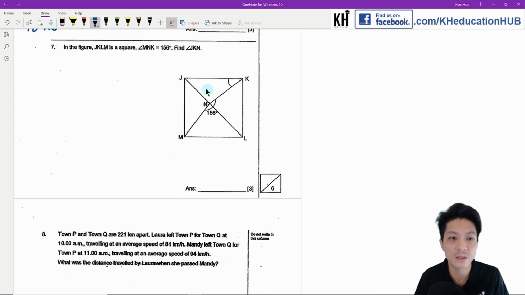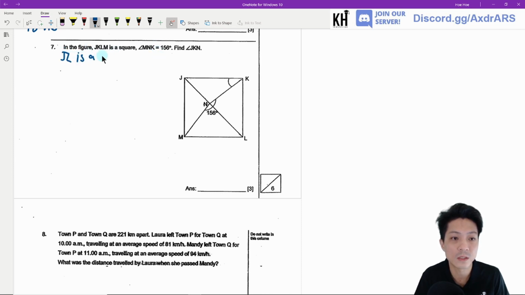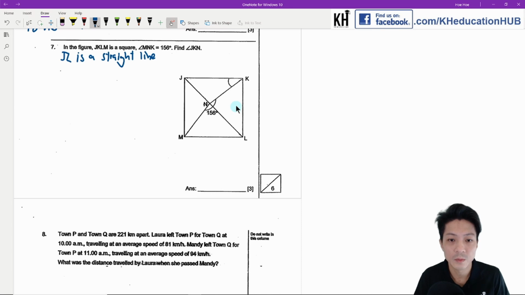I've done this kind of question before. If I'm not wrong, JL is a straight line, because without this information, I don't think you'll be able to solve the question.